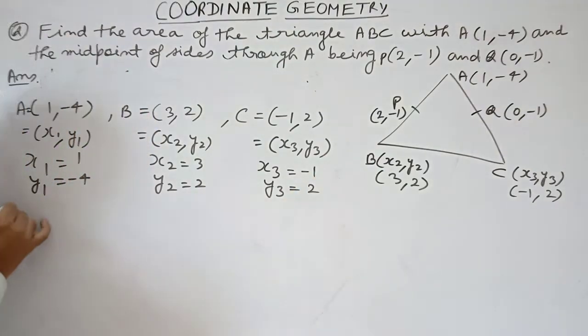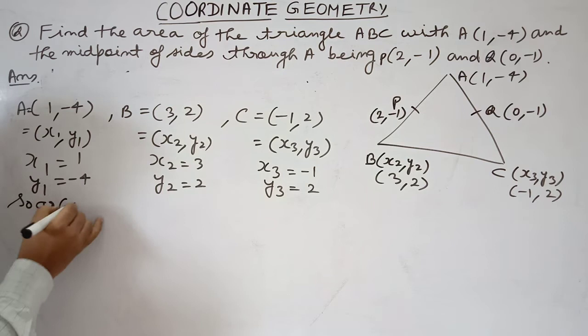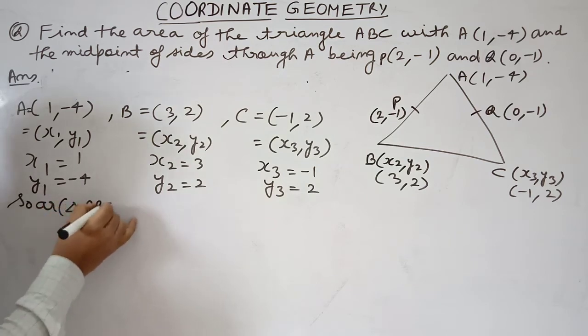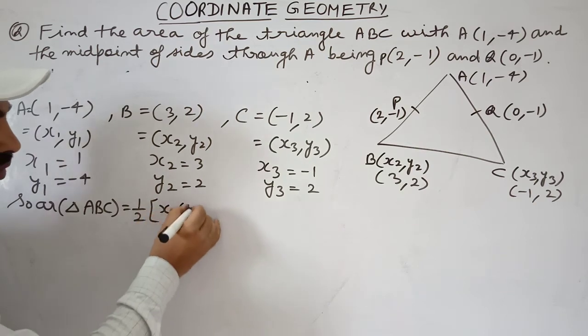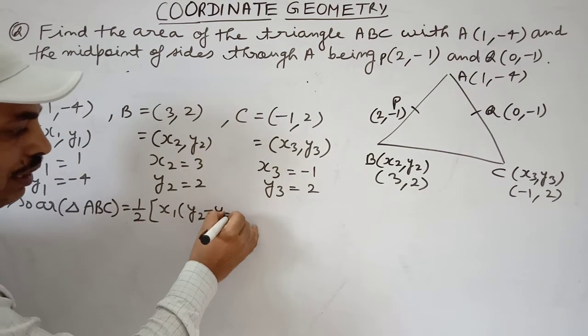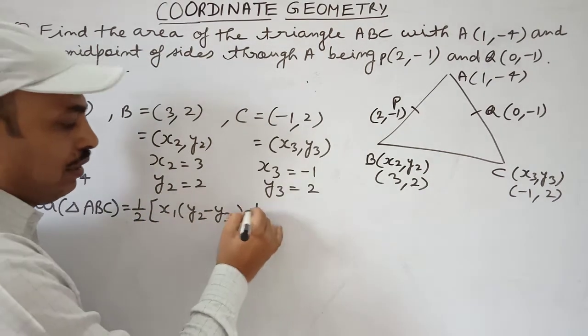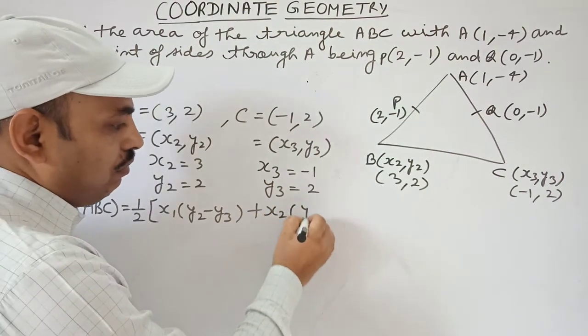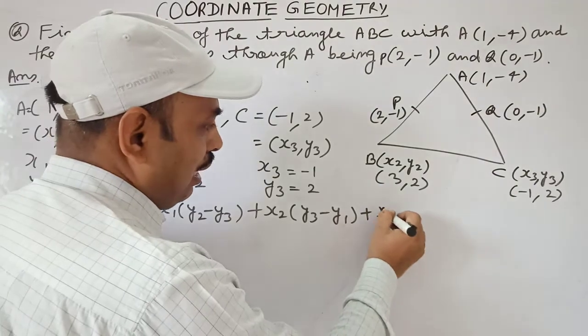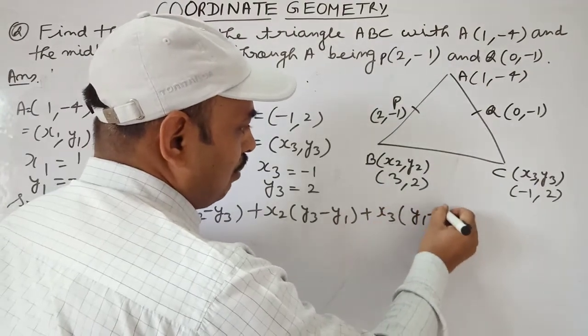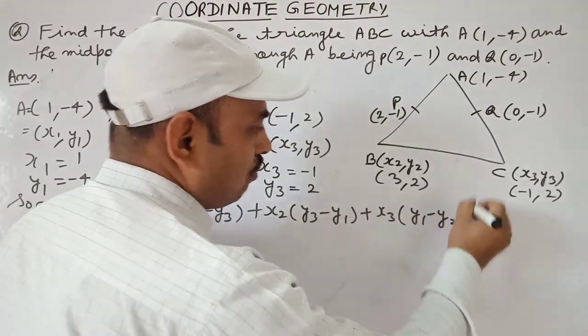So the area of triangle ABC equals 1 upon 2 into (x1 into (y2 minus y3) plus x2 into (y3 minus y1) plus x3 into (y1 minus y2)).